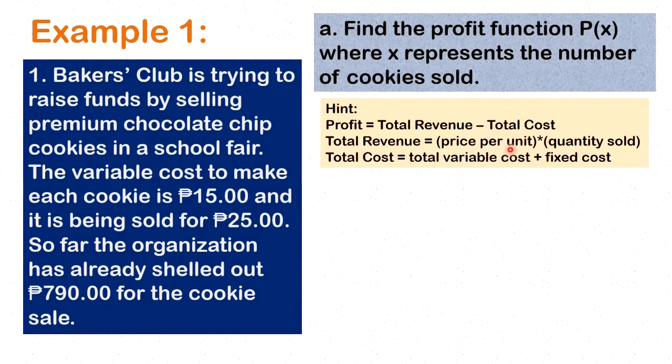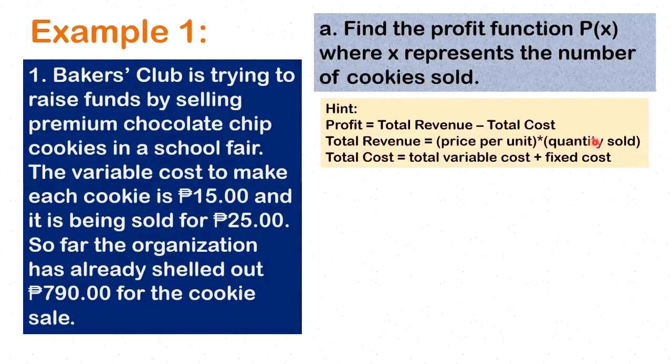So in our case, price per cookie, times the number of cookies sold. So, sige nga, magkano ang bentahan per cookie? Sabi dito, the cookie is being sold for 25 pesos each. So, itong price per unit dito is 25 pesos.